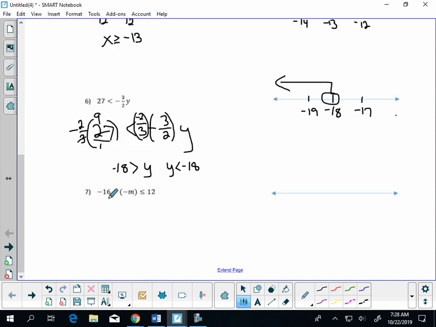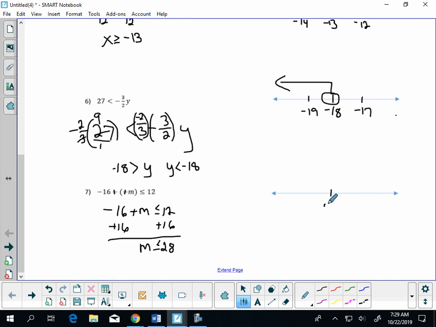All right, on this one, remember 2 negatives make a positive. So it's negative 16 plus m is less than or equal to 12. Our goal is to get that m by itself, so add 16. And I'm going to get m is less than or equal to 28.